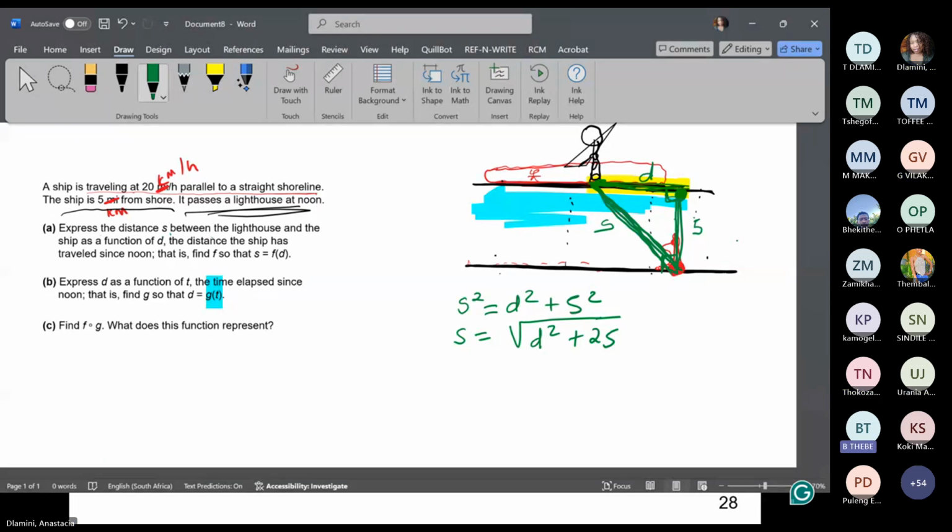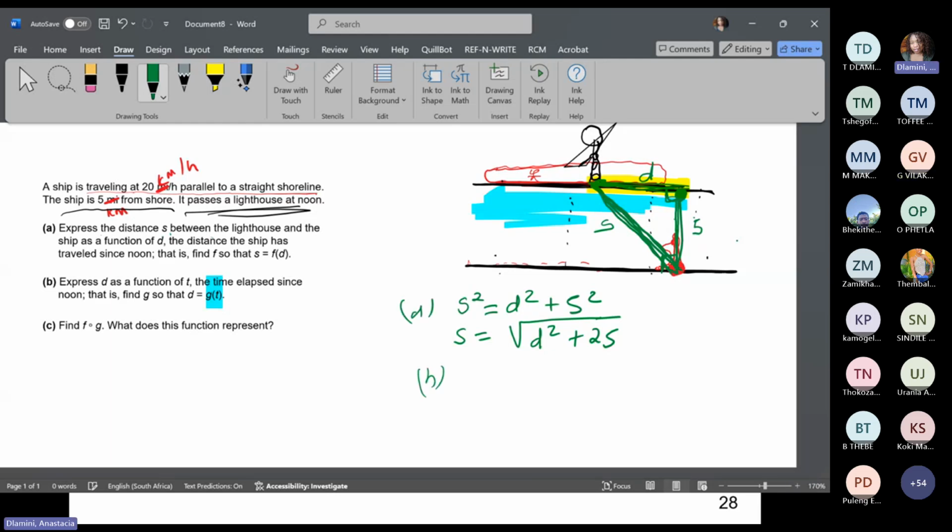Now they say express D as a function of time, the time elapsed since noon. That is, find g so that D is equal to g of t. So they want you to express D as a function of time. What do you think we'll do? It's going to be D as a function of time, distance divided by speed.